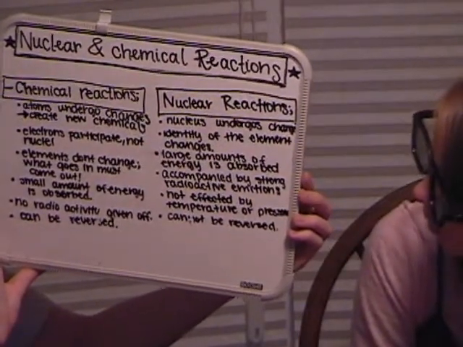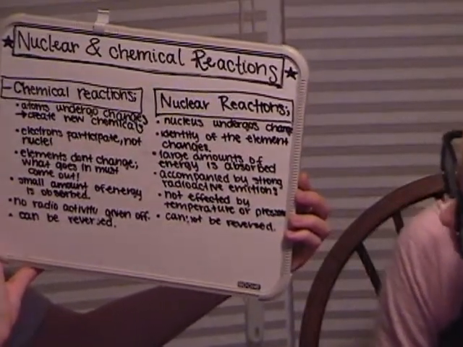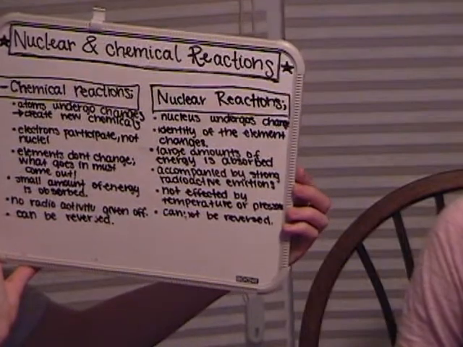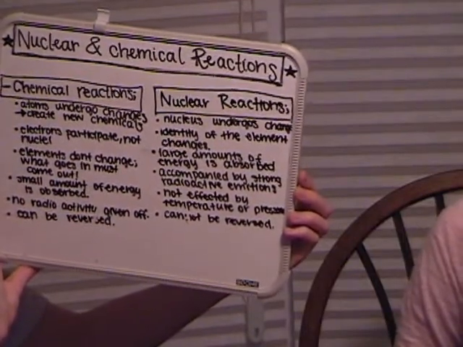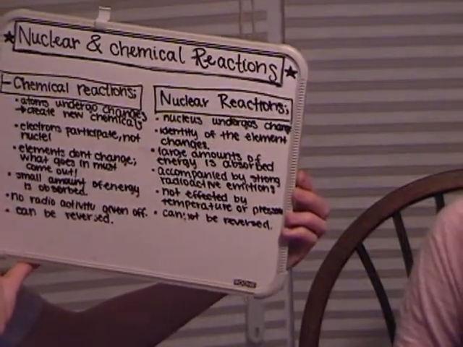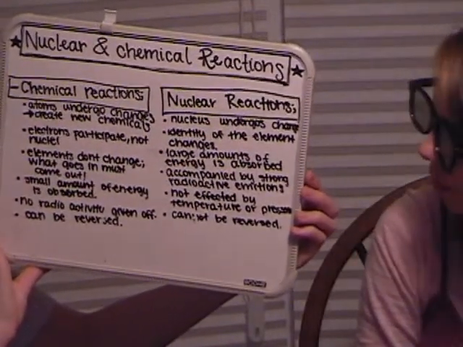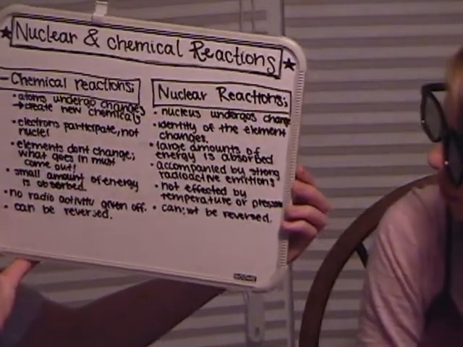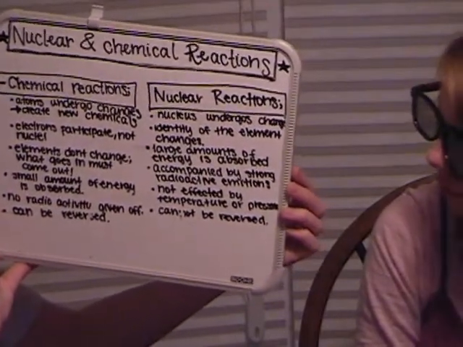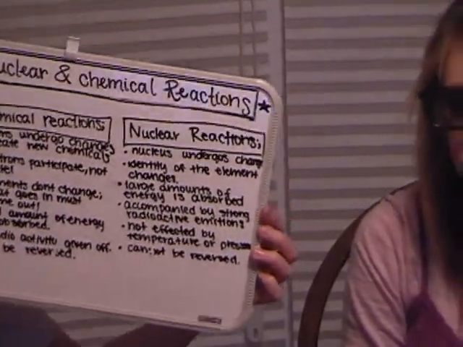Now, in nuclear reactions, the nucleus undergoes a change, the identity of the element changes, and large amounts of energy are absorbed. It is accompanied by strong radioactive emissions, and is not affected by temperature or pressure. It cannot be reversed. I get it now.